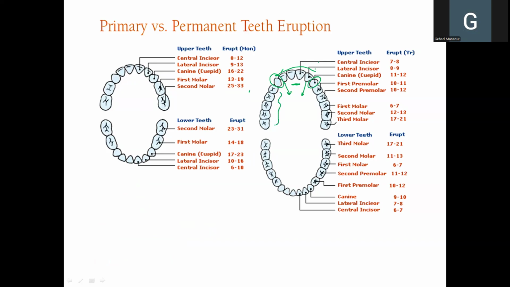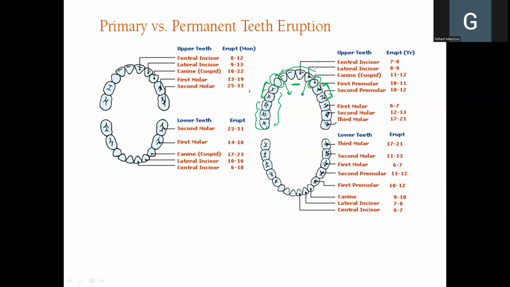And then we have the premolars and the molars. The premolars that weren't at all figuring in the primary set or the milk set of teeth are present here. We have 2 premolars on each side, and then we have 3 molars.